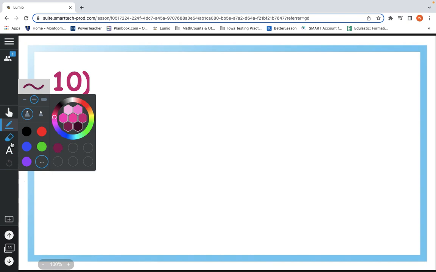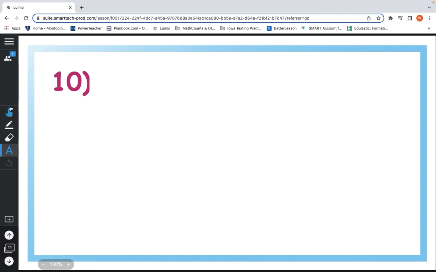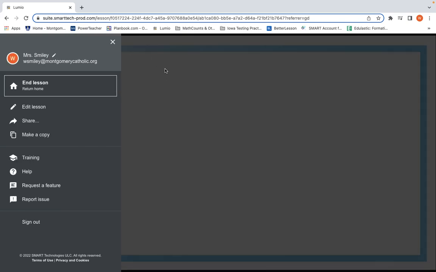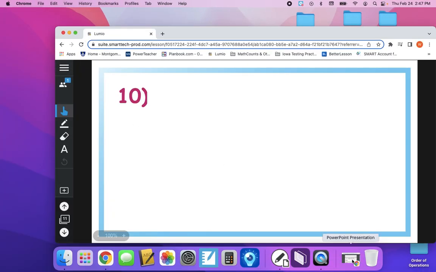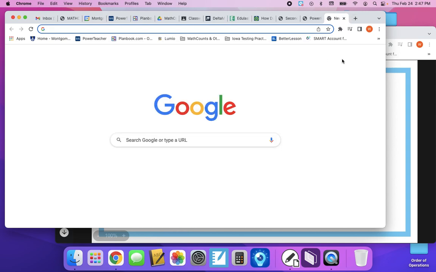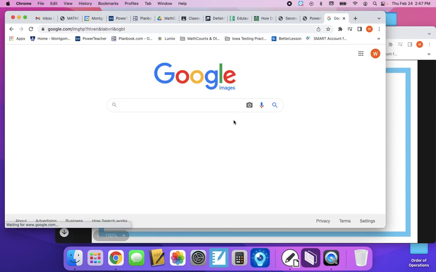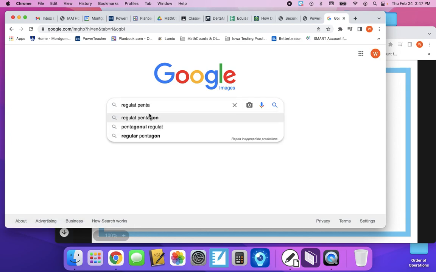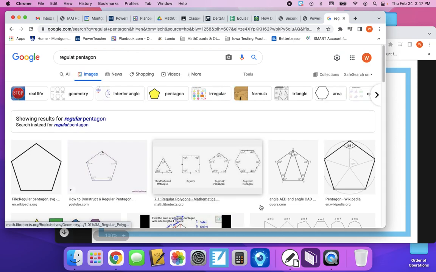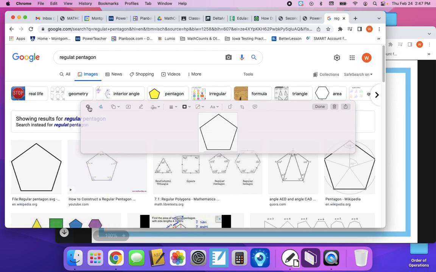Okay, so let's see if I can insert a picture here, because I know if I try to draw it with my finger, it's not going to work. So, give me a second. Let me take that down, and I'm going to search. Okay, here we go. There's a regular pentagon. All the sides are the same.